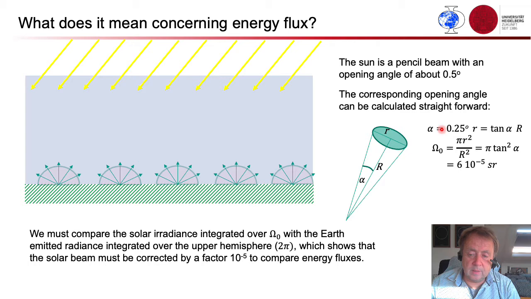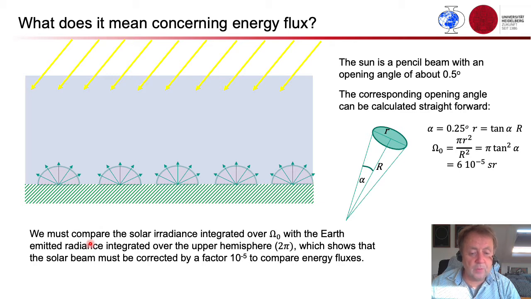And doing so, we can then directly go to the next step, where we calculate the solid angle for that geometry, pi r squared divided by the square of the distance, and that is pi times the tangent squared of alpha, which is 6 times 10 to the minus 5 steradians.